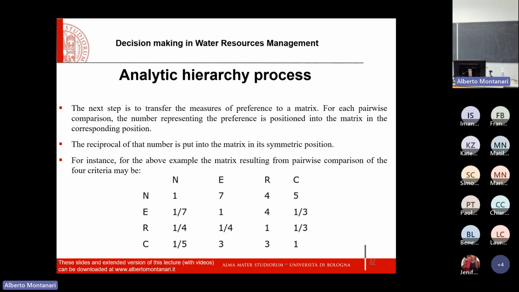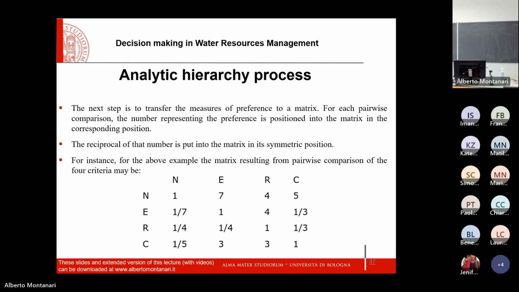So here, am I consistent or not? Yes, I am consistent, because I made a mistake earlier. If the net benefit is much more important than environmental impact and a bit more important than the river flow, it means that the river flow is more important than the environmental impact. So when I go here, river flow, environmental impact, 1/4, I'm not sure it is consistent.